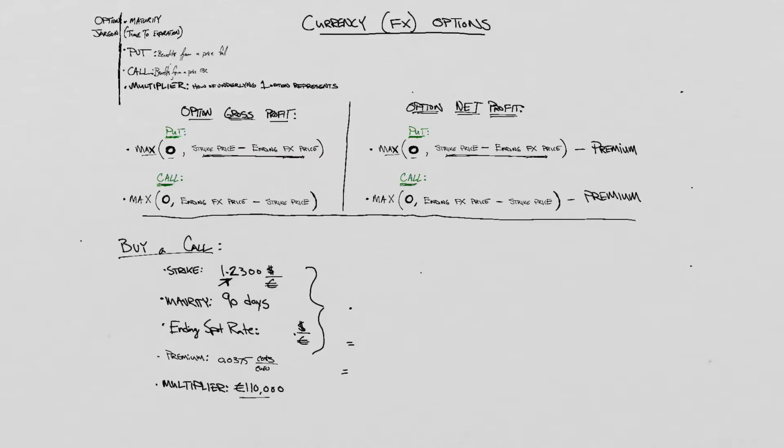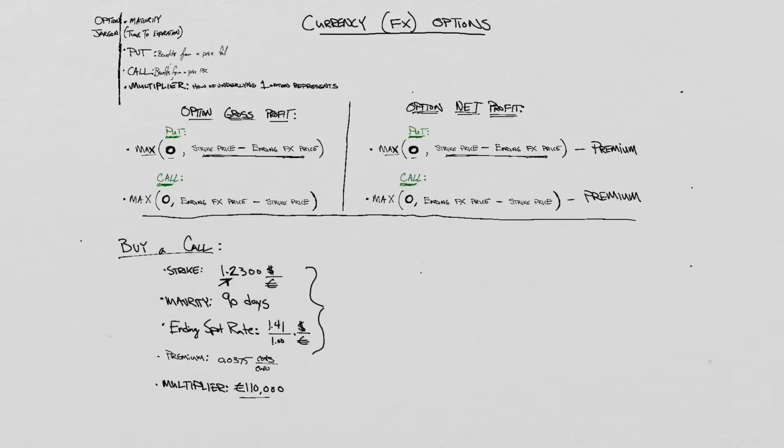Let's suppose that ultimately, at the end of 90 days, the euro went to $1.41 per euro. So quite a stronger euro at the time of this option expiration. The formula still stays the same.